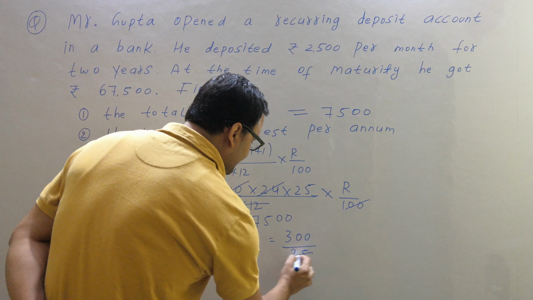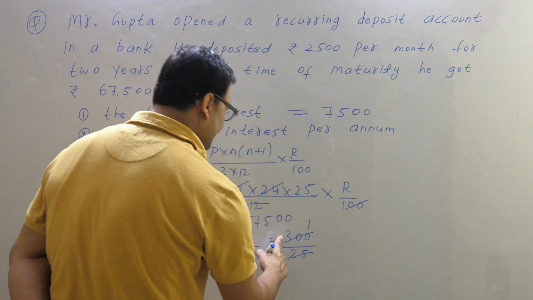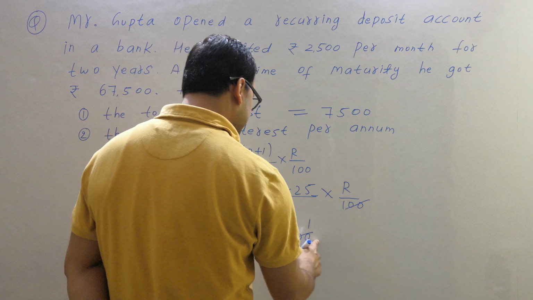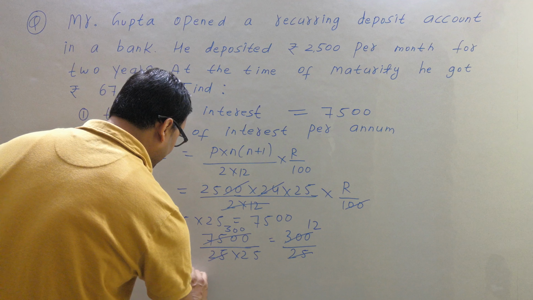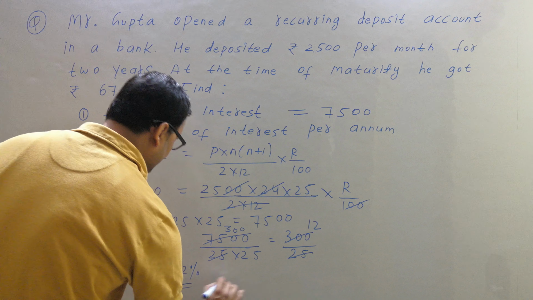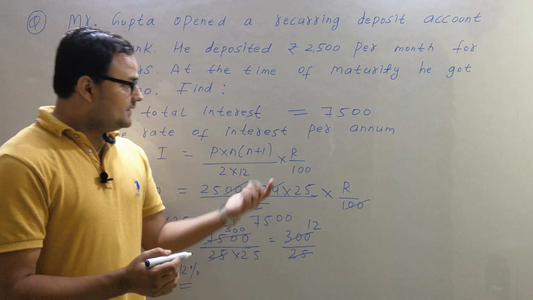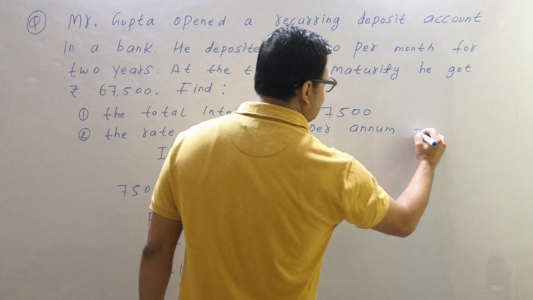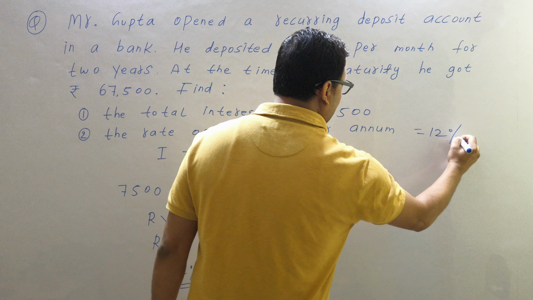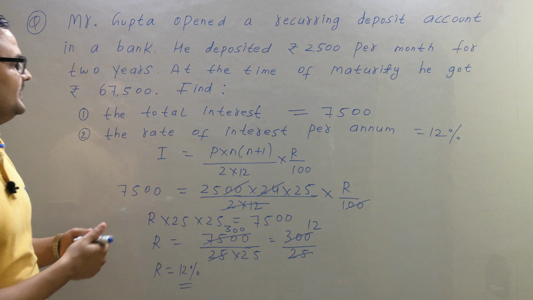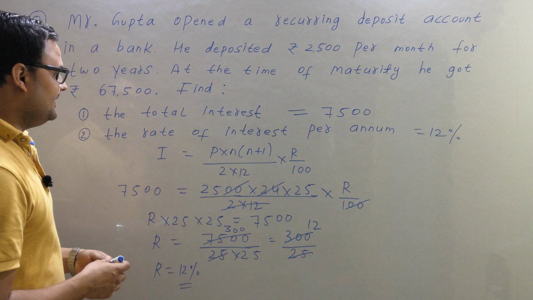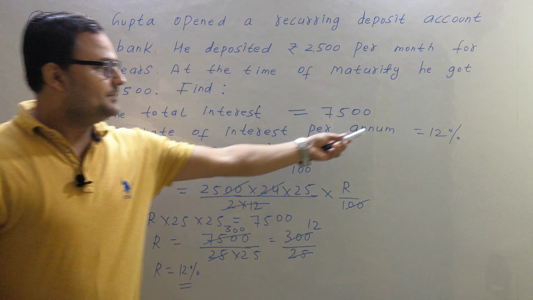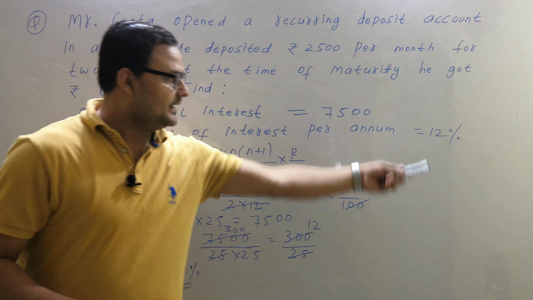Now 25 ones are 25, then 5 zero, 25 twos are 50. So finally I got the rate as 12%. This is the answer. So we have two questions and we got both of the answers. First one, the total interest that Mr. Gupta will get, 7,500, and the rate of interest per annum will be 12%.